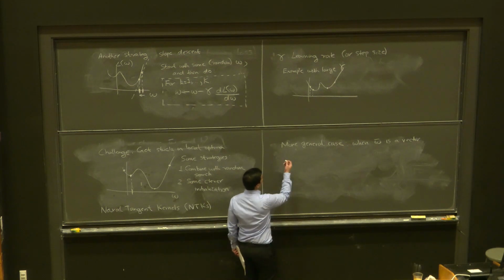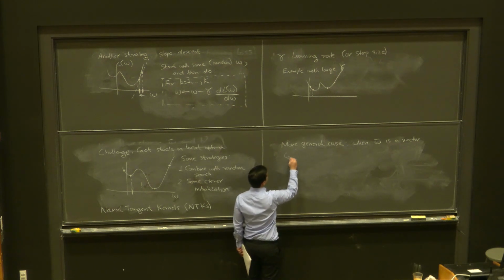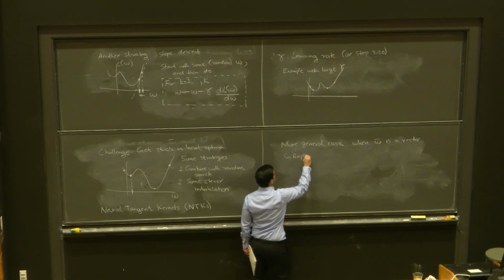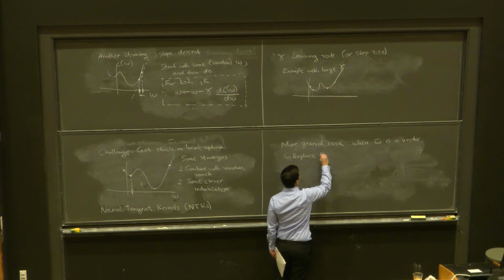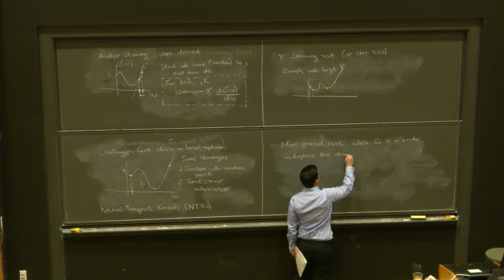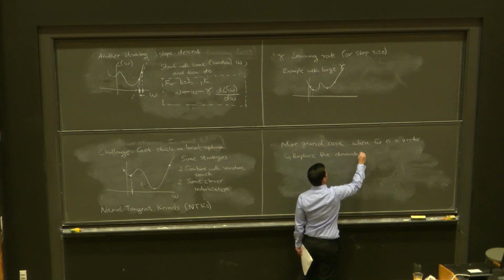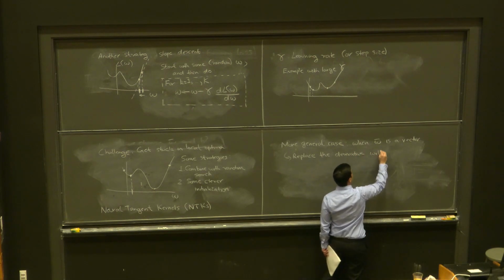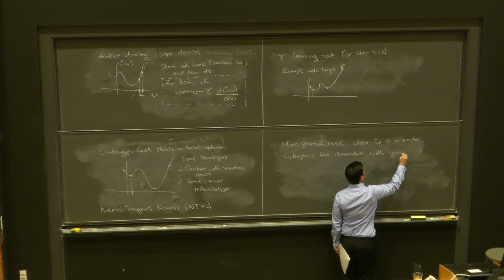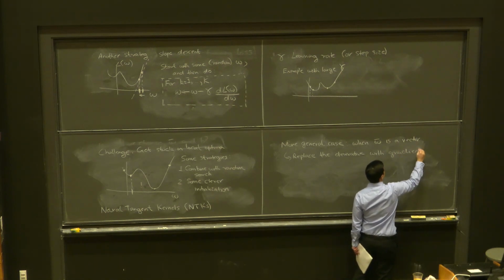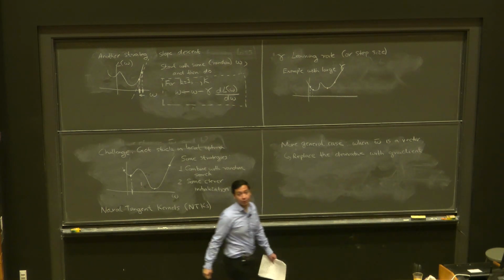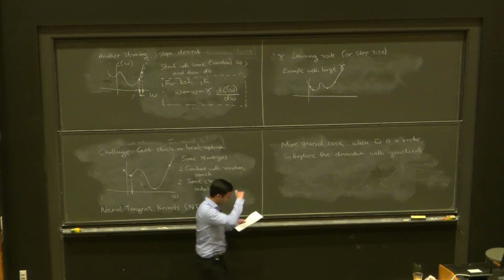In this case, what we can do is replace the derivative with a gradient and keep the general structure of the algorithm exactly the same.